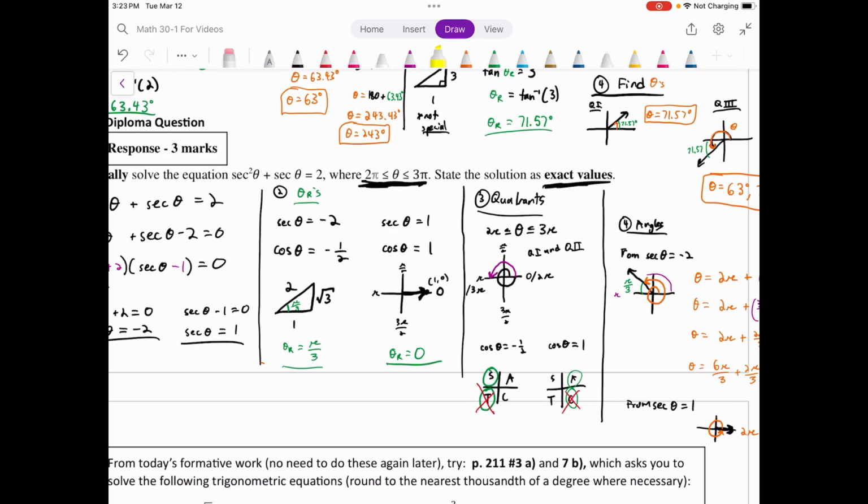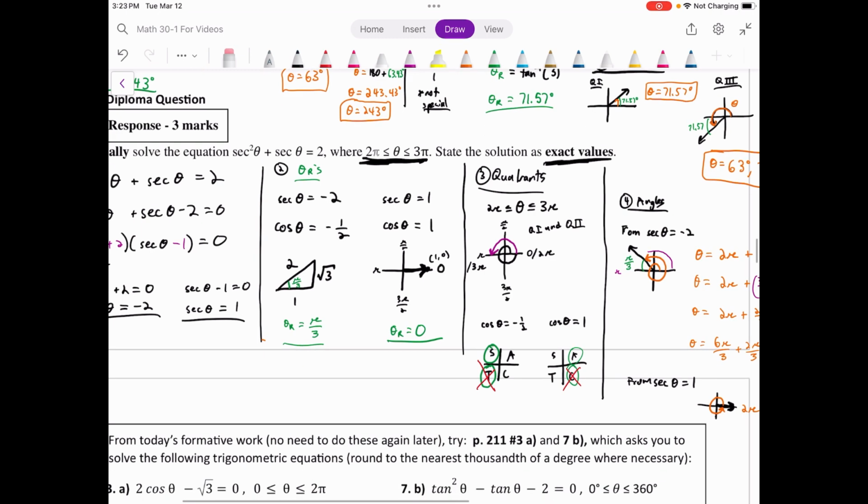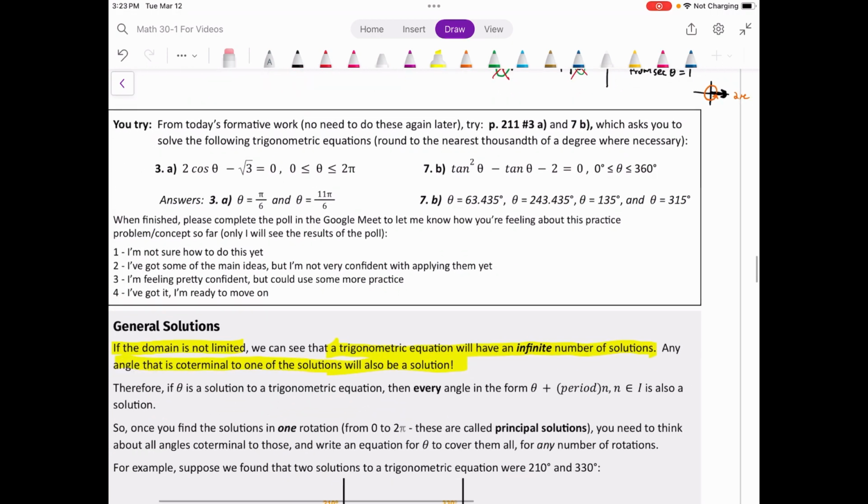Again, if our solution wasn't limited to this domain, wouldn't 4 pi also make secant of theta equal 1? Right? So 1 plus 1 would equal 2, 6 pi, 8 pi, 102 pi, right? All of those would have secant ratios of 1, and therefore they would satisfy that equation.